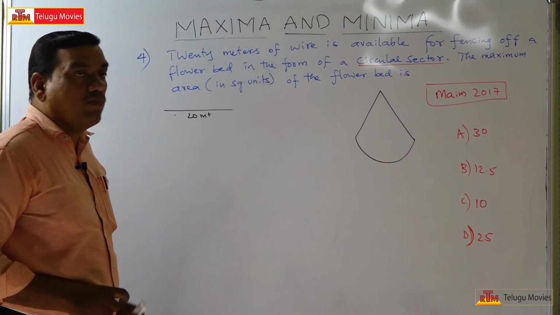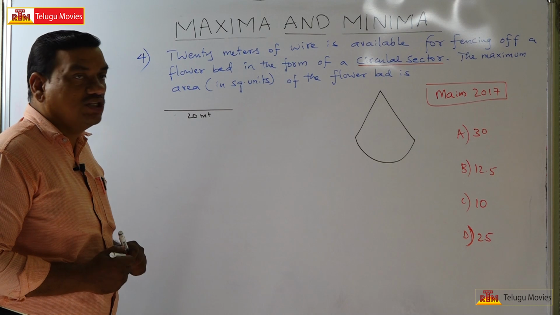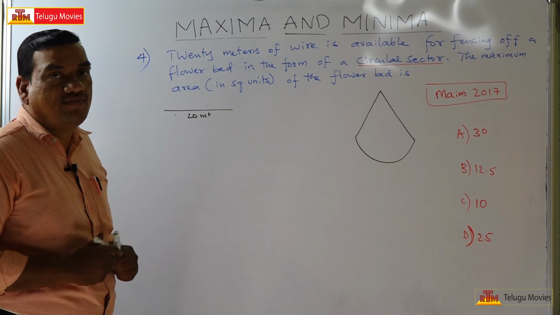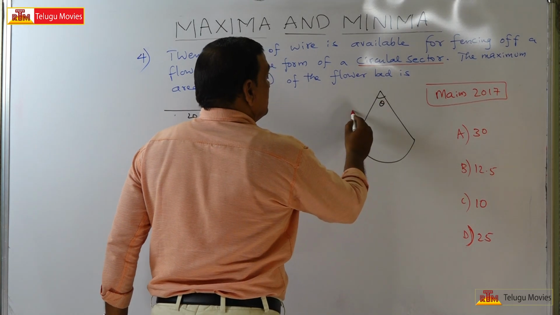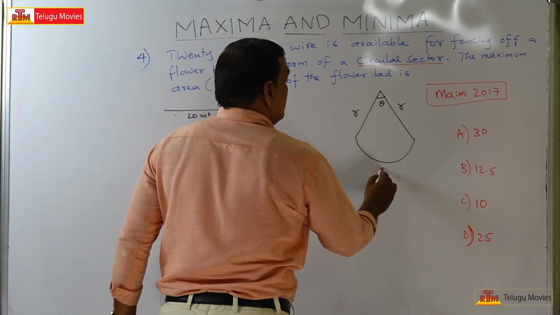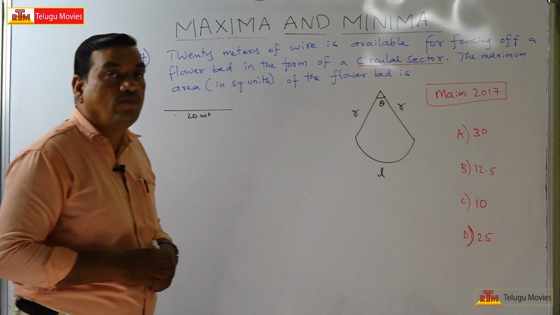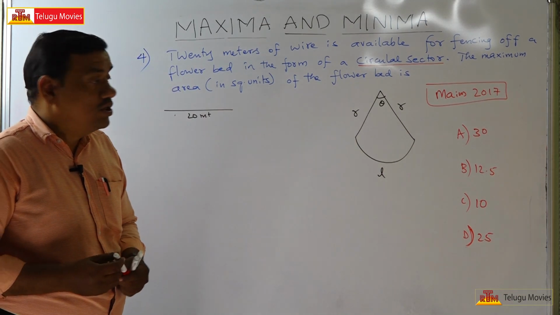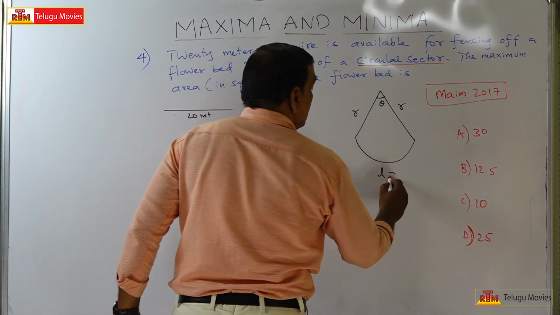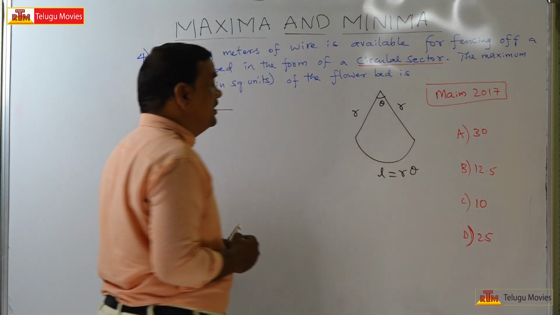To complete this problem, you have to know two basic formulae. The first formula: let this angle be theta, this is r, and this is r, and this is L. L is the length of the arc. The length of the arc is given by L is equal to r theta.